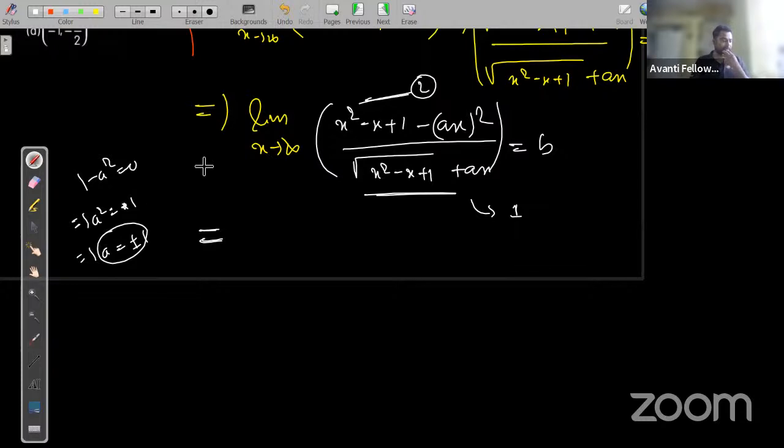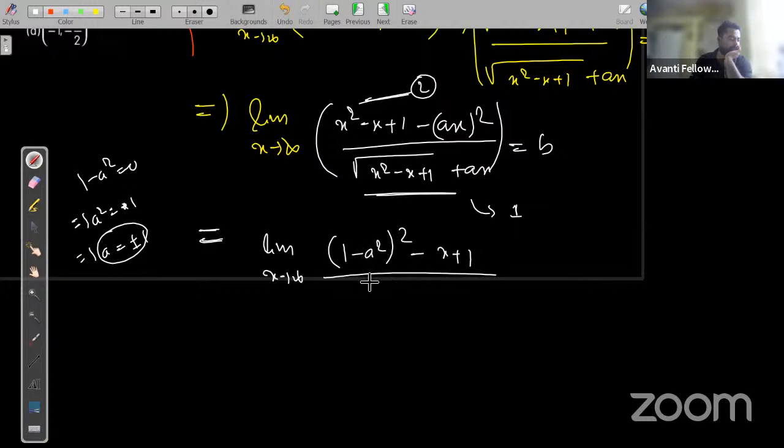So in place of this, what we'll do: limit x tending to infinity of (1 minus a square) x square minus x plus 1 upon root of x square minus x plus 1 plus ax.